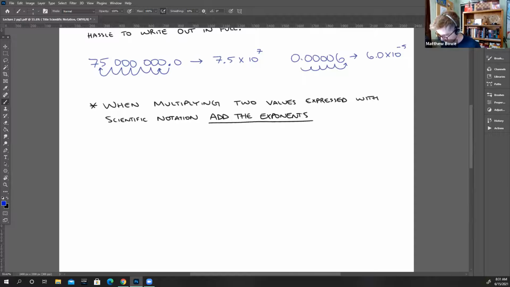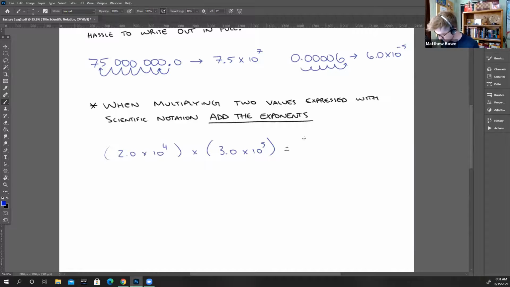So for my example, we have 2.0 times 10 to the 4th power, and that entire thing is multiplied by 3.0 times 10 to the 5th power.